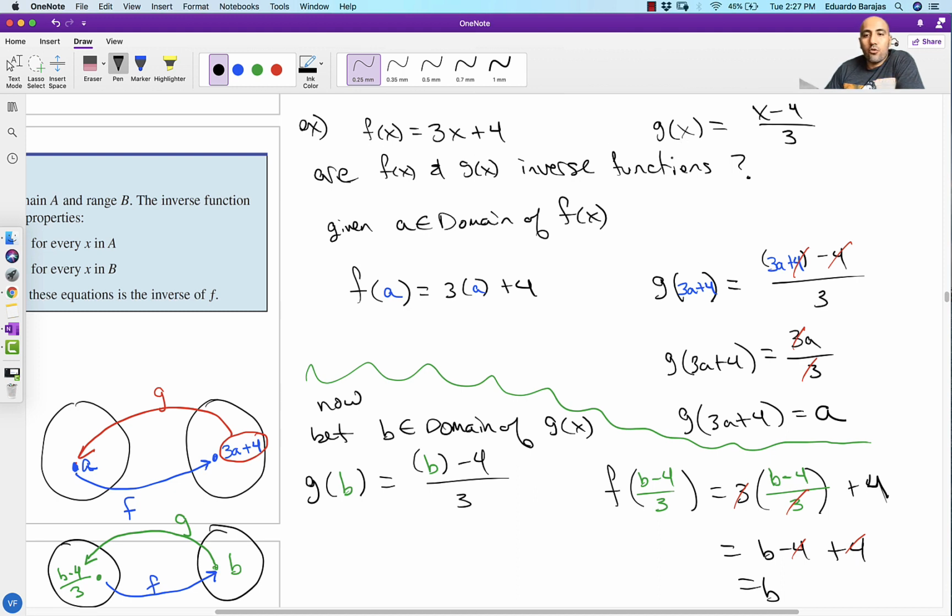And in fact, to show the world that they are inverses of each other, we like to use the notation with a little -1, right? So we've proven that f of x and g of x are inverse functions.